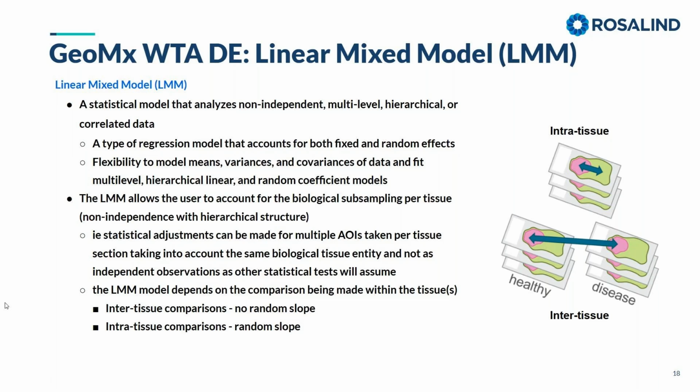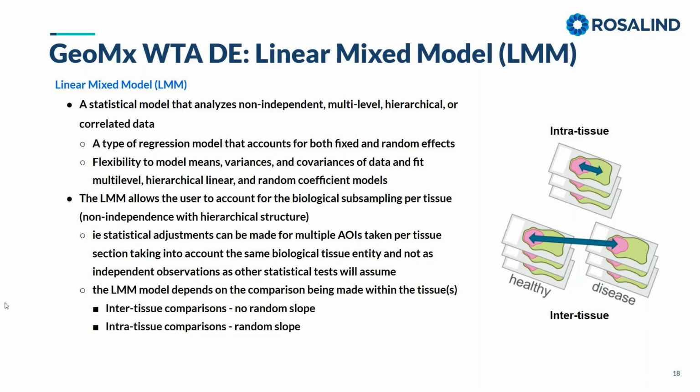The linear mixed model allows the user to account for biological subsampling per tissue. Great. This is exactly what we need for GeoMx WTA data. So essentially, this allows us to account for non-independence as well as a hierarchical structure.